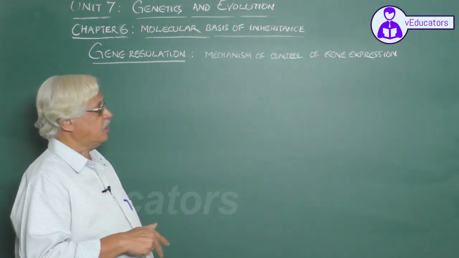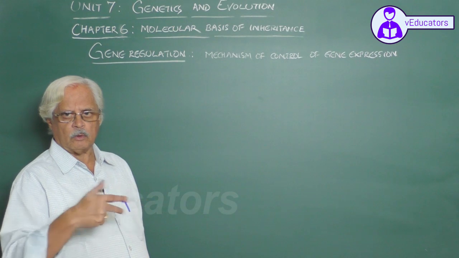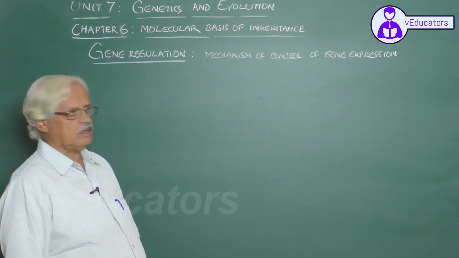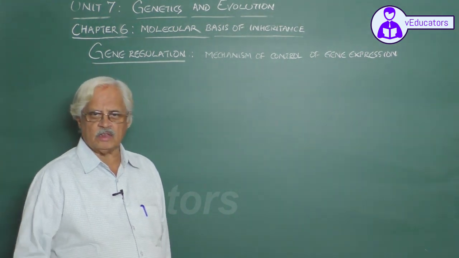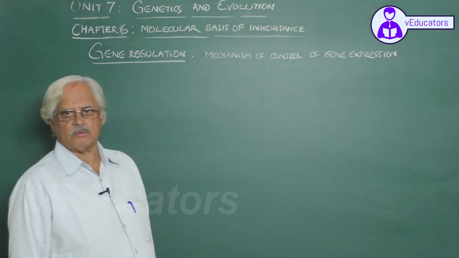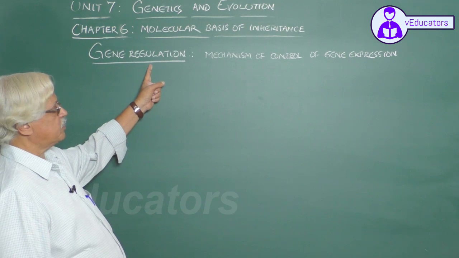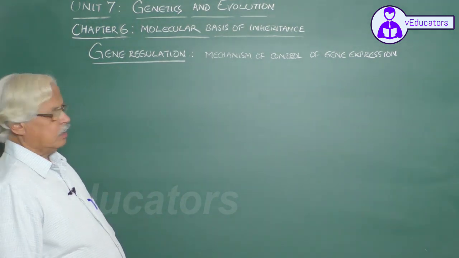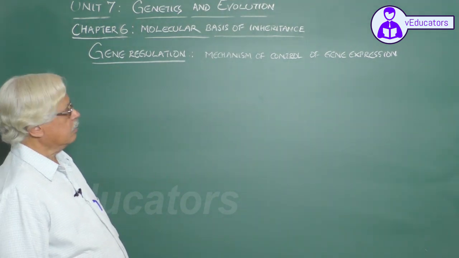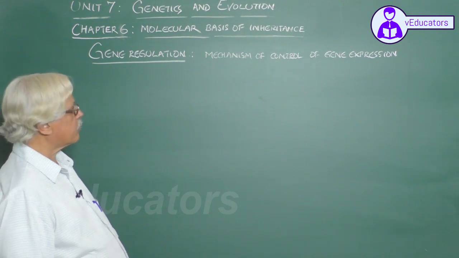When it is necessary, transcription followed by translation takes place. When it is not necessary, this entire mechanism is switched off. This is known as gene regulation, the mechanism of control of gene expression.